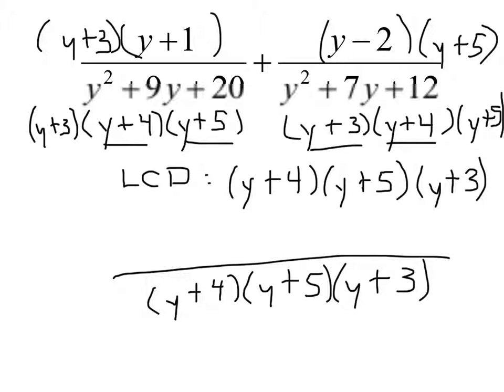So our numerator is FOILing this first numerator. We want to FOIL that, and we will get y squared plus 1y plus 3y is plus 4y plus 3.